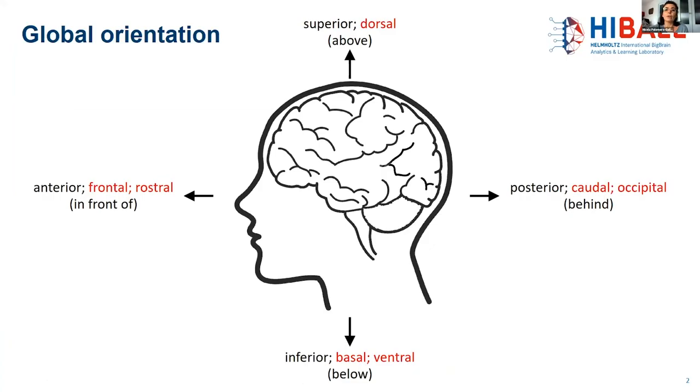I'd like to start off with an introduction to the terms that anatomists use to describe or define relative locations of brain structures in the brain. You will see that we often use several terms to describe the same structure. This doesn't make life easier, of course, for beginners.